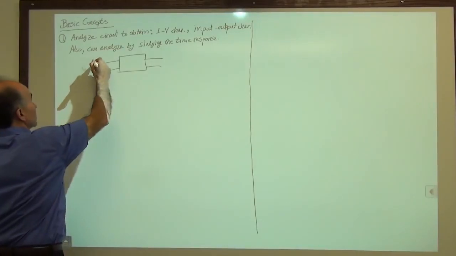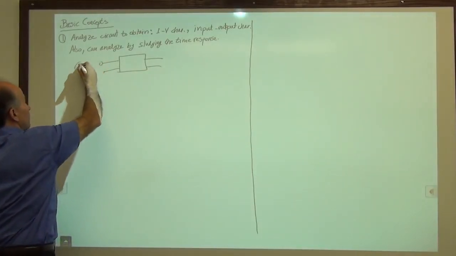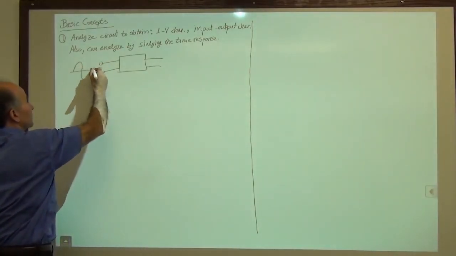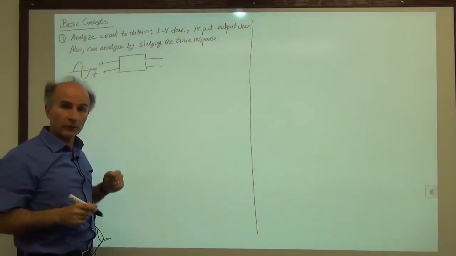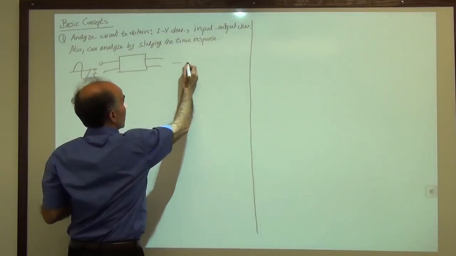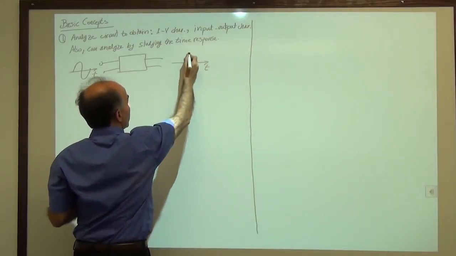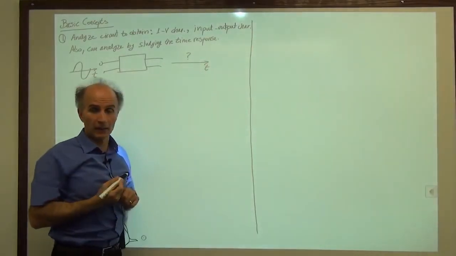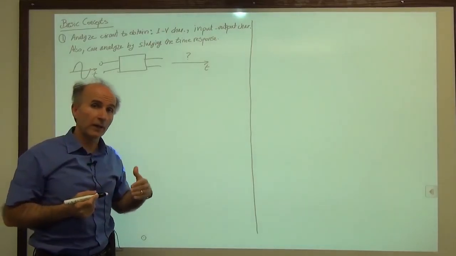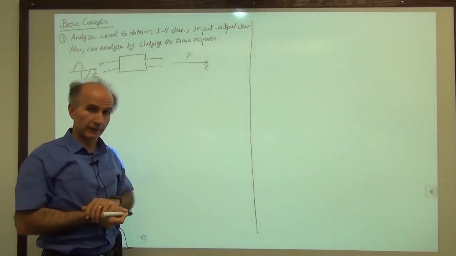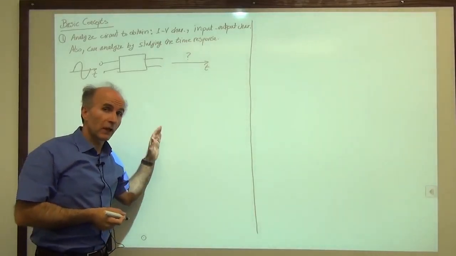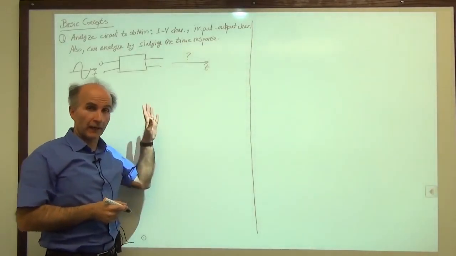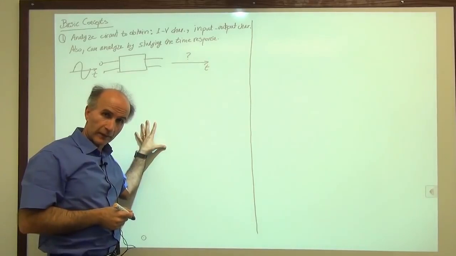So for example, it could be that we apply a sinusoid here as a function of time. And then we would like to see what the output does. So the output, also as a function of time, has something. And that's what we would like to analyze. This is what we call the time response of the circuit. So you can go back to every diode circuit example that I have solved here.